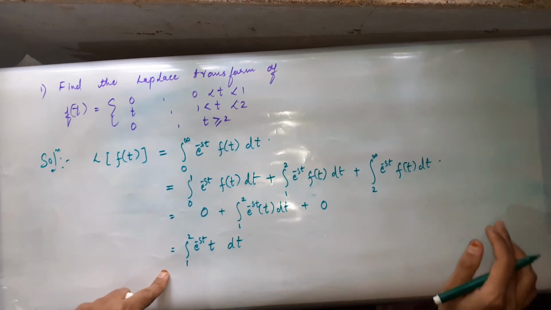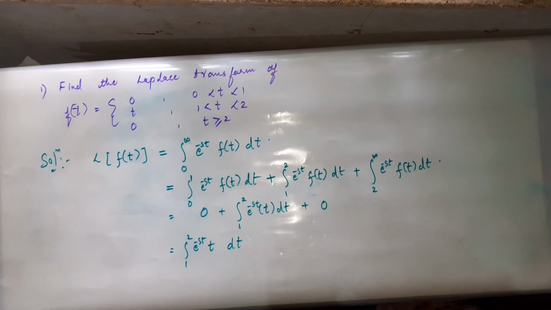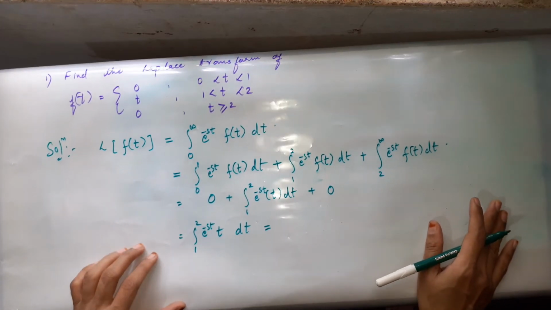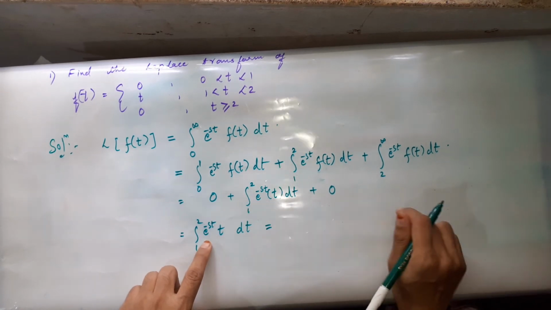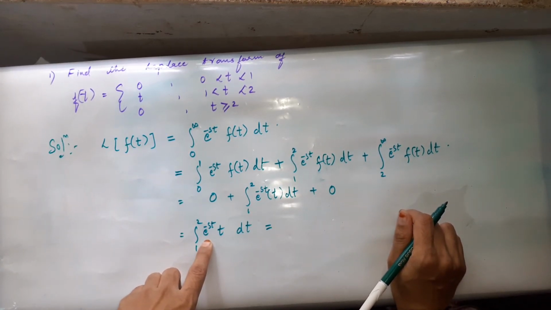You have to integrate this by parts, or you can use Bernoulli's rule, which is very simple and easy. Now tell me, how many times can you integrate e to power minus st? As many times as you want.